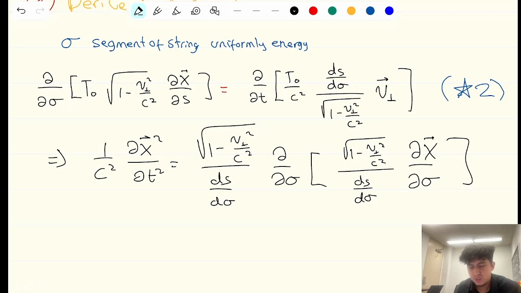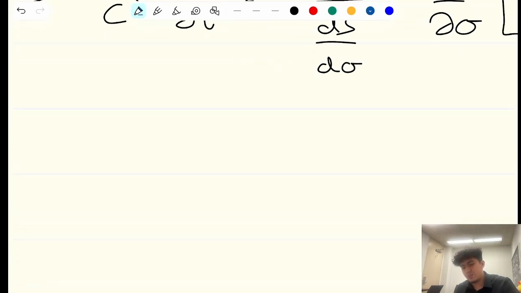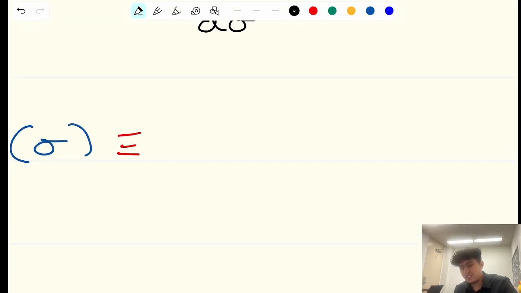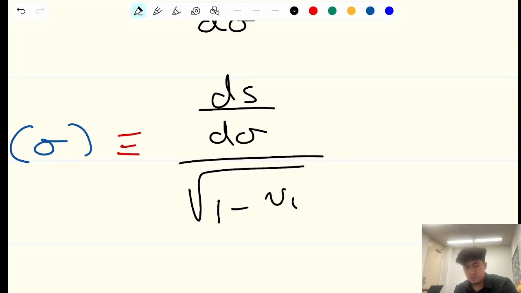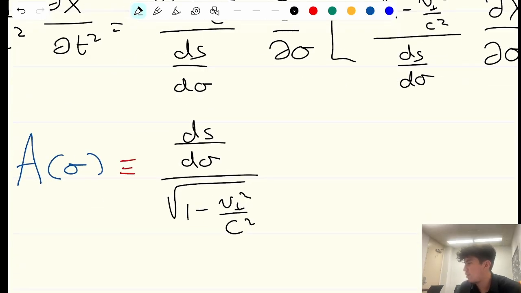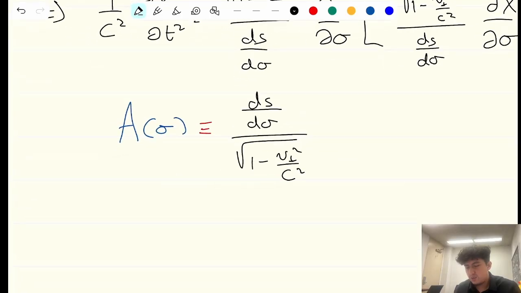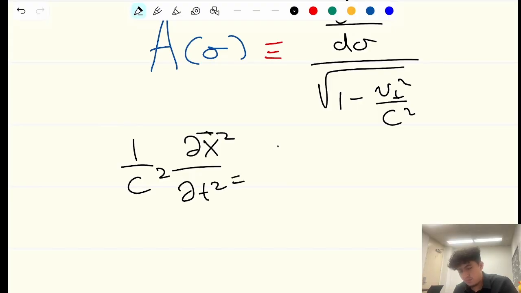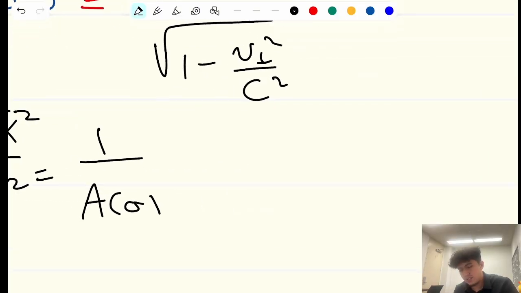Most of the simplifications were just moving stuff around, and this allowed us to define a quantity called A. This quantity A is just going to take this form: ds over d sigma times the square root of 1 minus the transverse velocity squared over c squared. Cool. And then this is going to allow us to replace it here, and we're going to get this expression over A sigma.